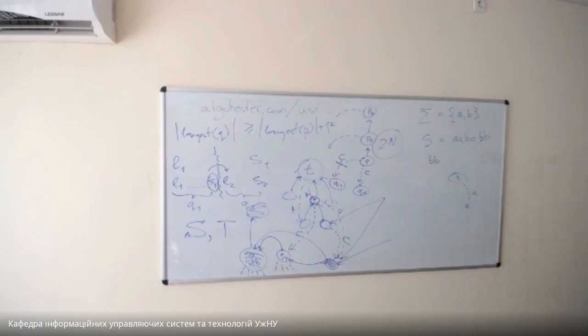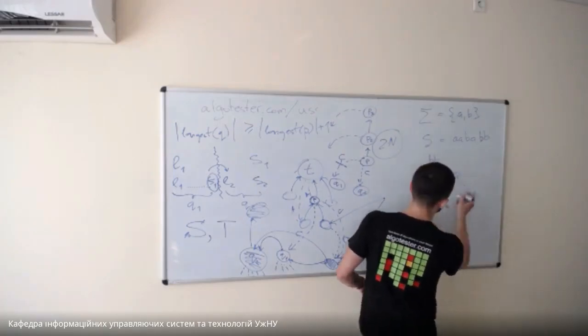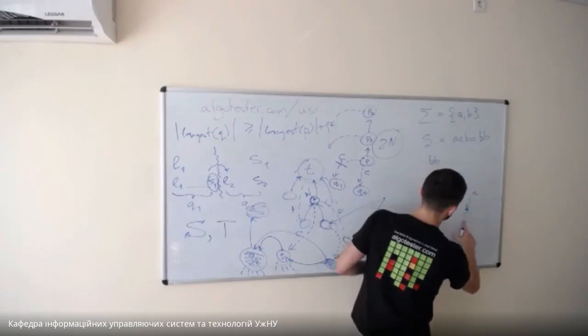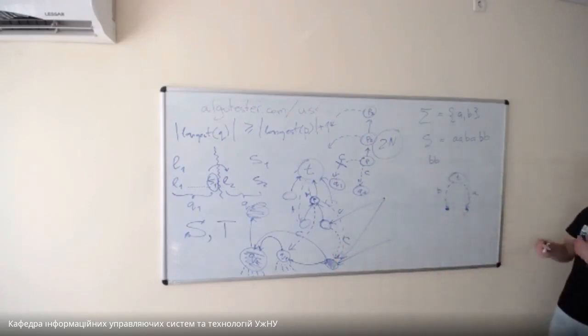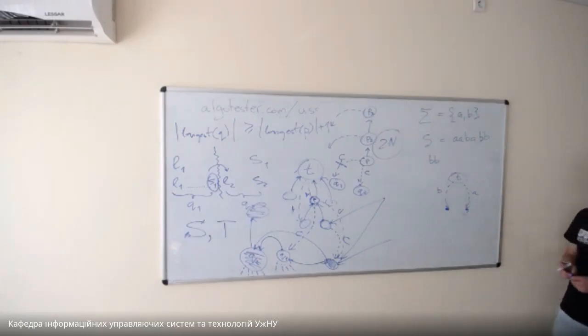But if there is a transition on B, then we can either move here or here. But then, in these 2 vertices, we are interested in the one which generates a smaller result. So that's what Bogdan mentions. You simply use dynamic programming.